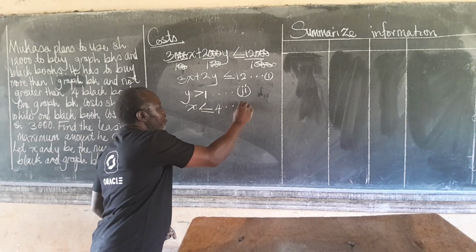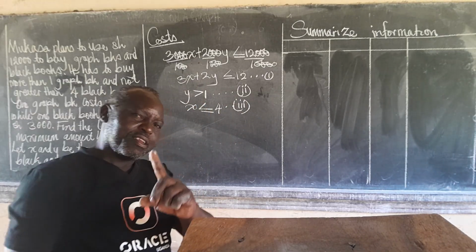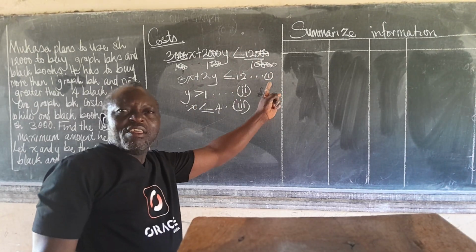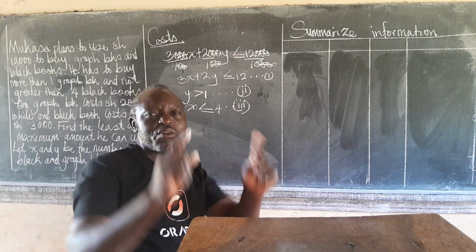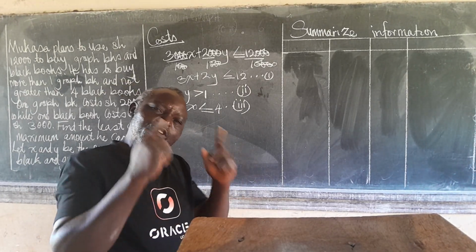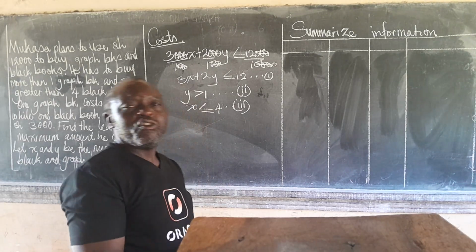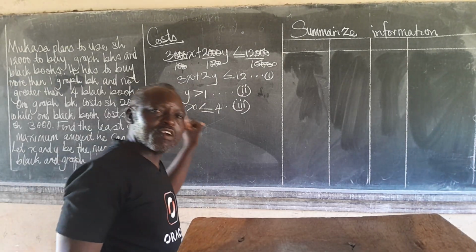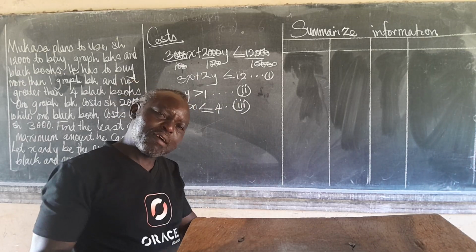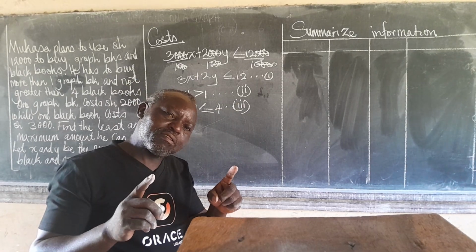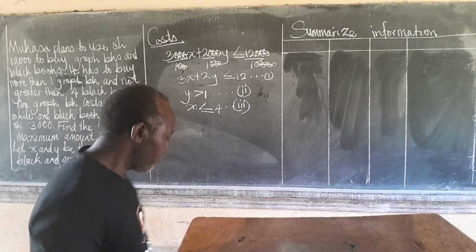That is inequality 3. But never forget, the other time we said that there are some situations when students fail to get all the required inequalities. We have obvious inequalities, which are 2, because we are told that he has to buy graph books and black books. Therefore, black books and graph books have to exist.